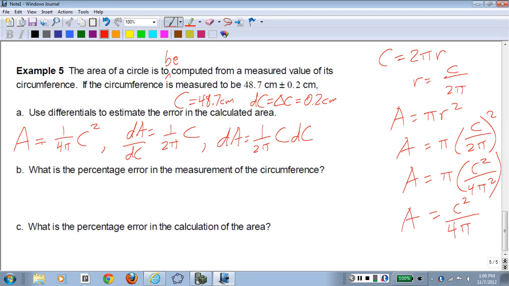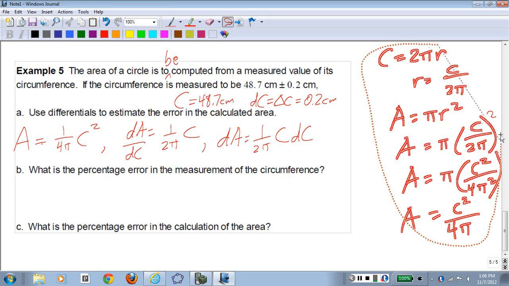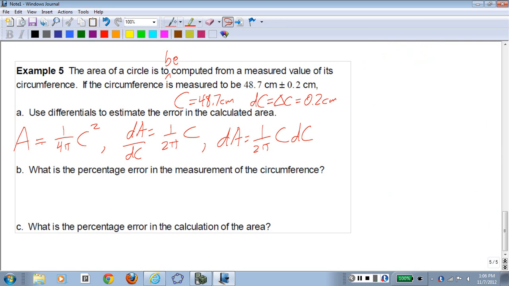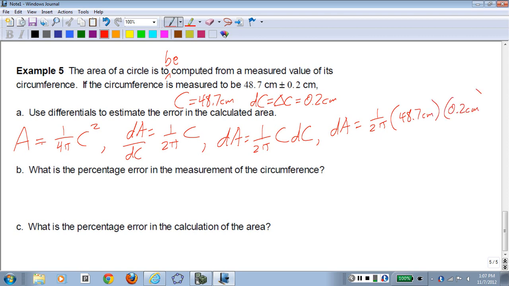So we're going to substitute those quantities into the right-hand side and see what the possible error in the calculation of the area is. dA equals 1 over 2 pi times 48.7 centimeters times 0.2 centimeters.